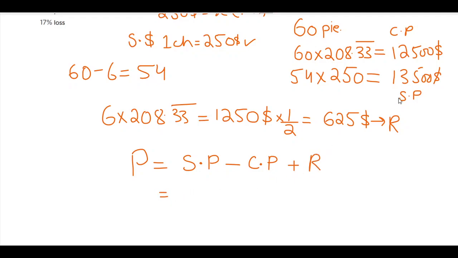So the sale price is over here, which is 13500. 13500 minus the cost price, 12500, plus a return, which was 625. I'm just going to use my calculator: 13500 minus 12500 plus 625 is 1625, which is the profit.